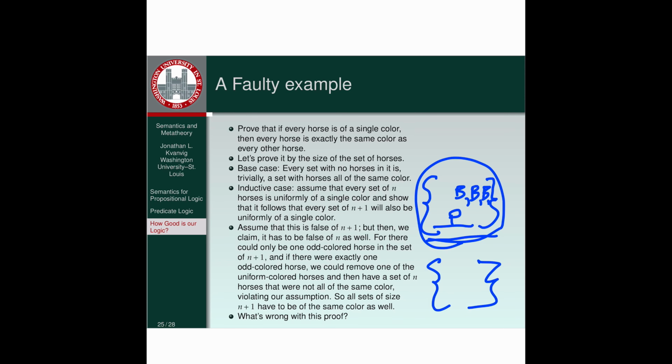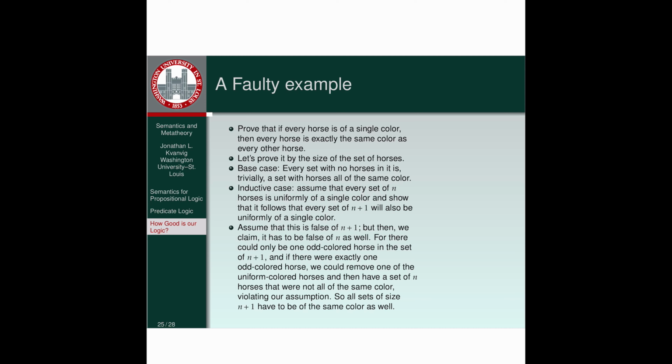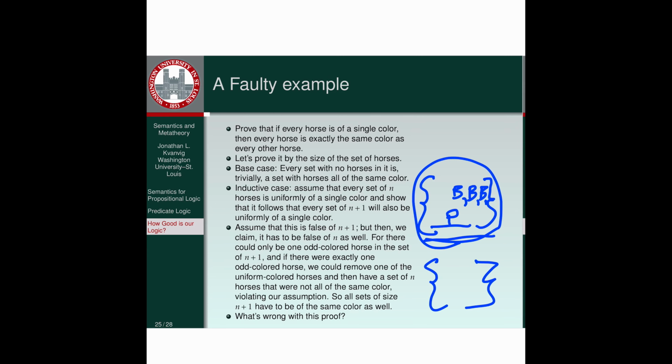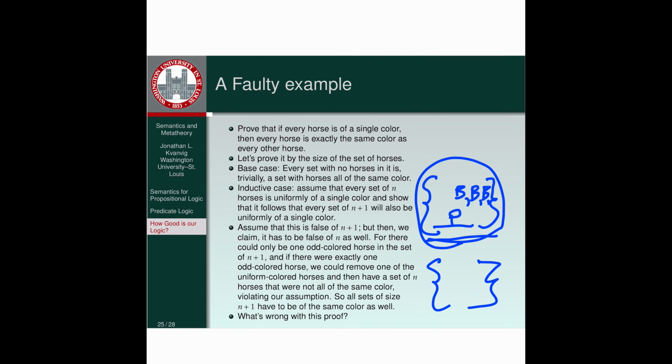But remember, for establishing the inductive case, we got to start out by assuming something. We get to assume that every set of n horses is uniformly of a single color.